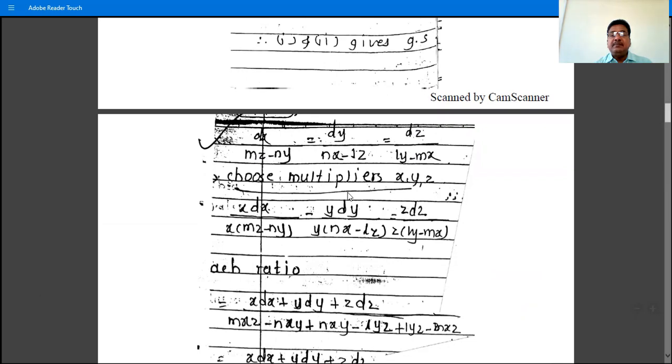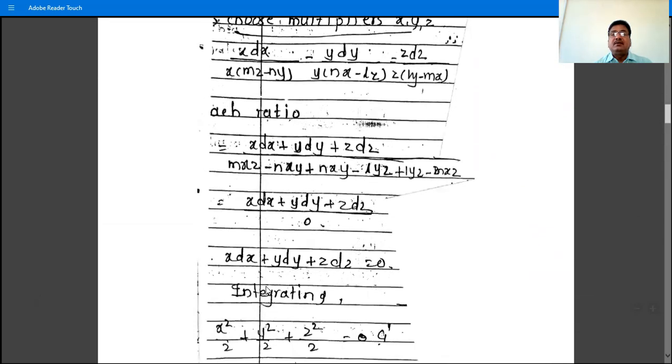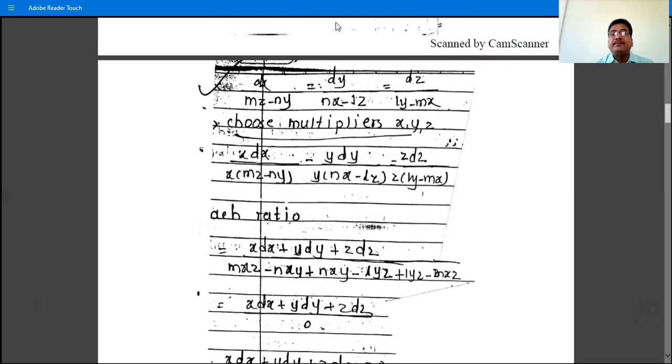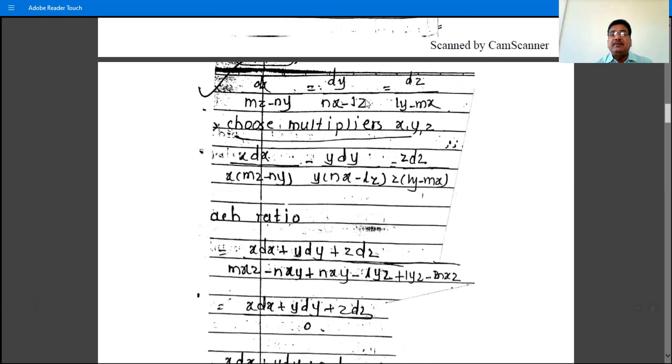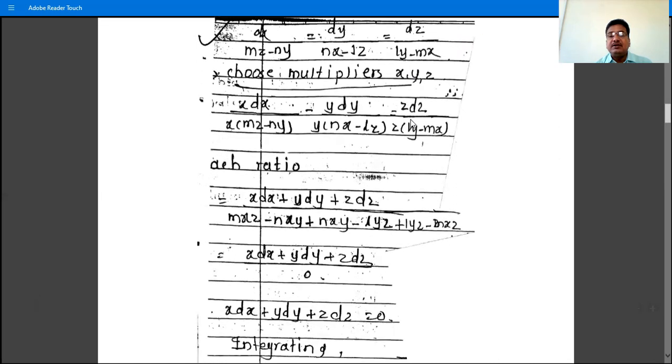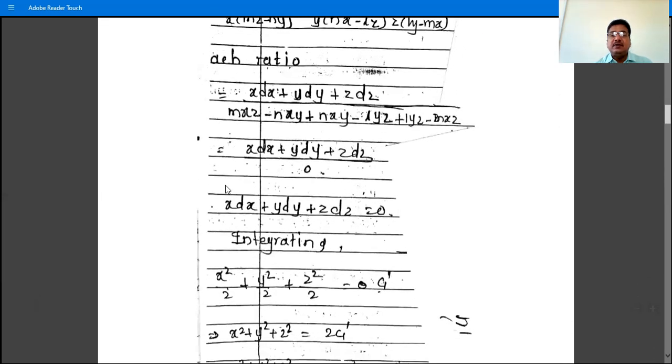So choose multipliers x, y, z, and therefore each ratio is equal to, don't write this step, directly write each ratio is equal to x dx plus y dy plus z dz divided by, multiply by x, multiply by y, multiply by z, and add all these three, we have answer 0, and therefore x dx plus y dy plus z dz is equal to 0.